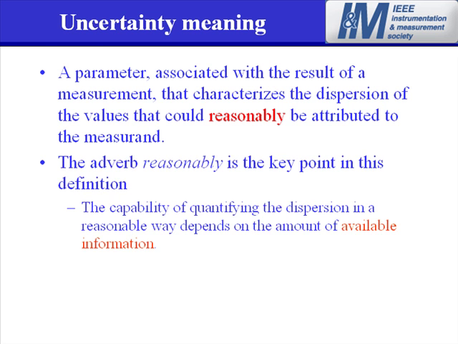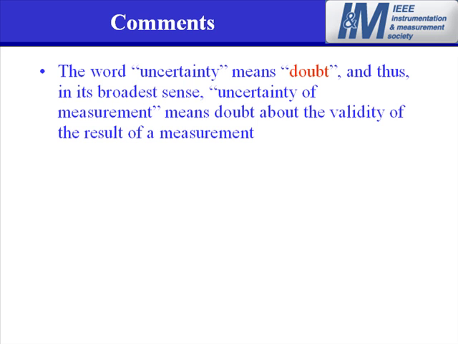Well, the key point in this definition is the adverb reasonably. It signifies that our capability of quantifying this dispersion in a reasonable way depends on the amount of available information we have about the measurement process and the results. Let's comment on this point a bit more in detail.